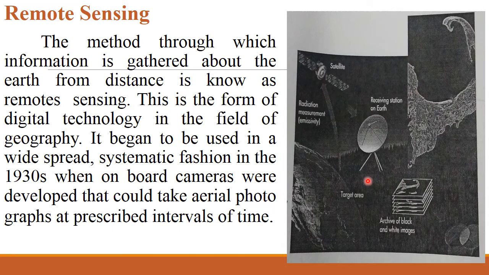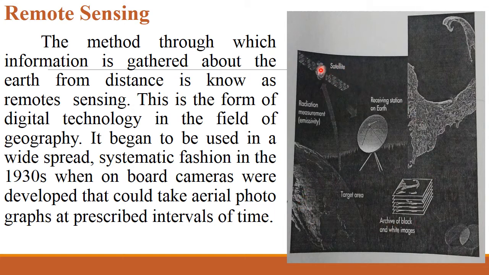The second important tool is remote sensing. The method through which information is gathered about the earth from a distance is known as remote sensing. We can see in this picture a satellite in space with a camera which gets information about different landscapes in the form of rays.